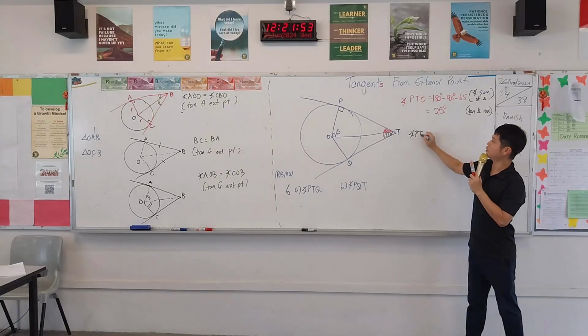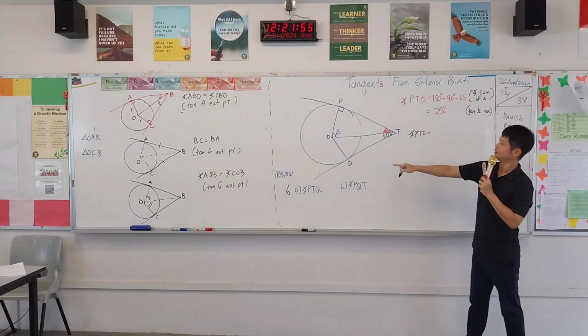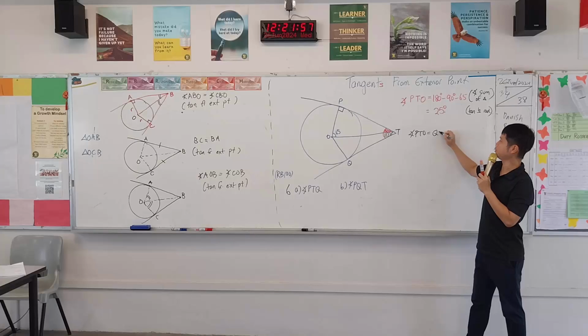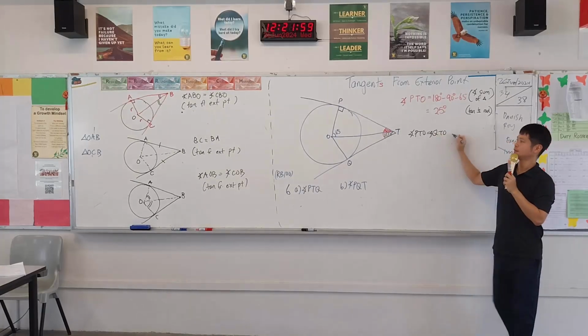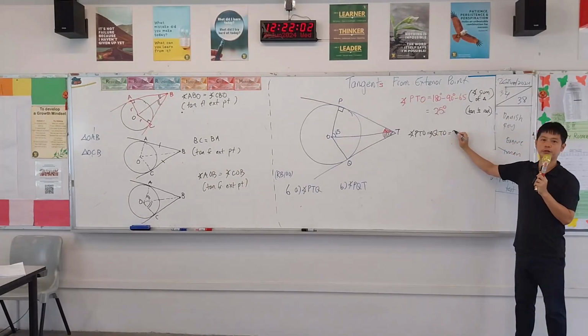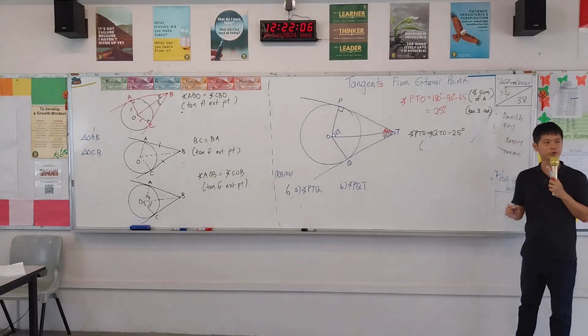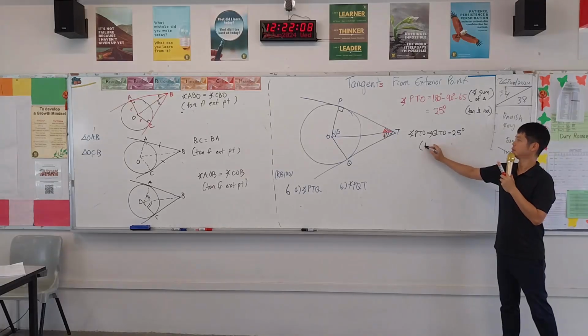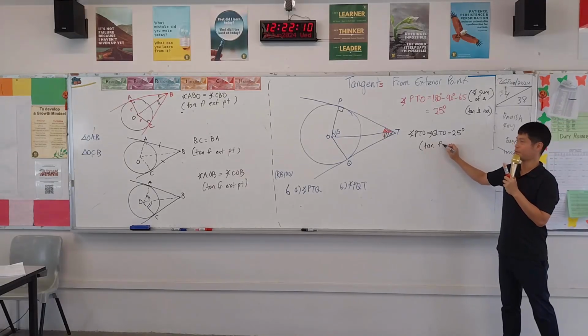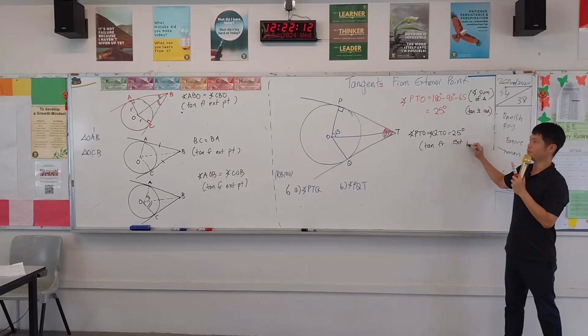The angle PTO and the angle QTO, they are equal, right? So it will be both 25, right? Now you got to write down the reason. What's the reason to say that they are both 25? Tangent from exterior points.